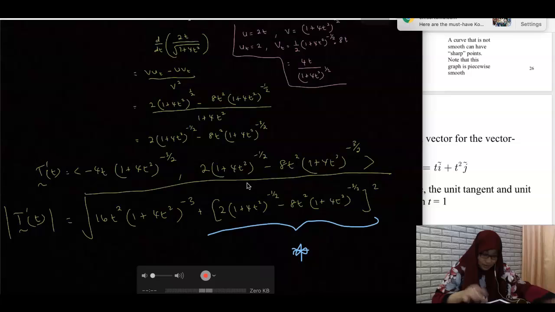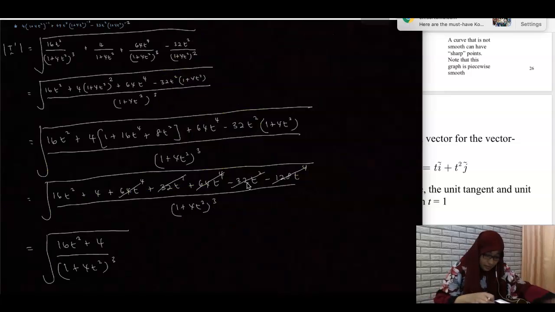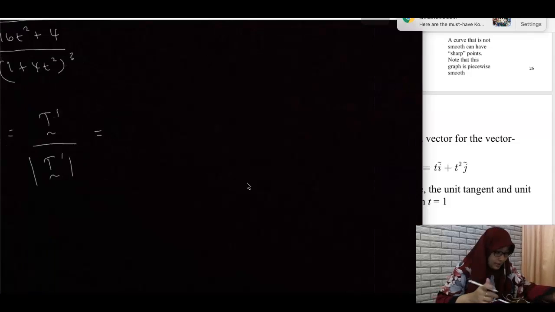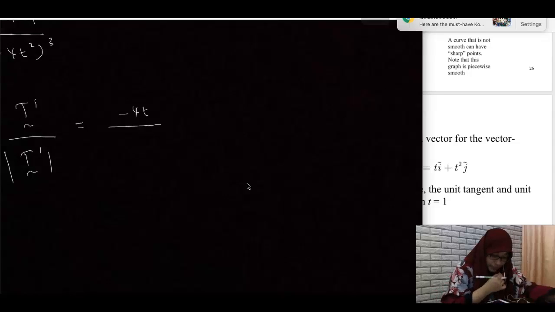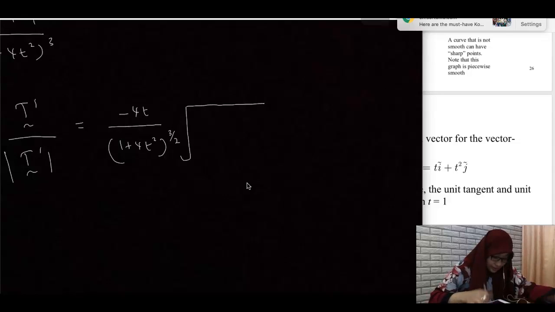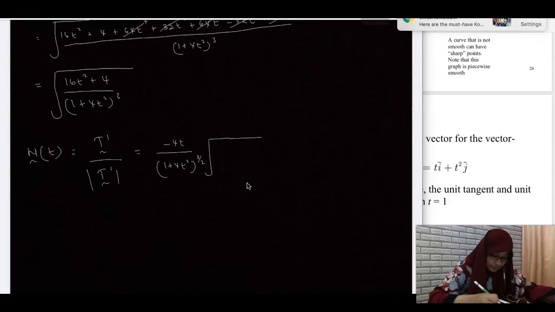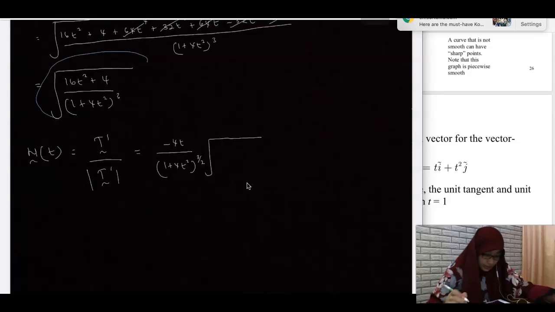Okay, so we need to rewrite that. This is a bit long expression. So for the first one, now we have minus 4t over (1 plus 4t squared) to the power of 3 over 2, which is the component of T prime, divided by the magnitude.